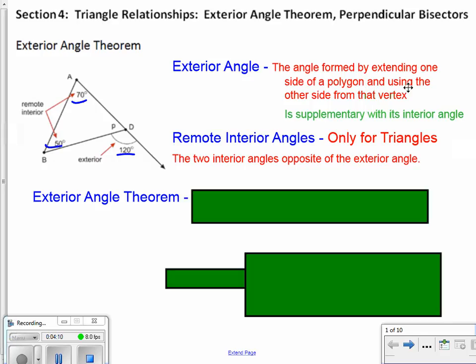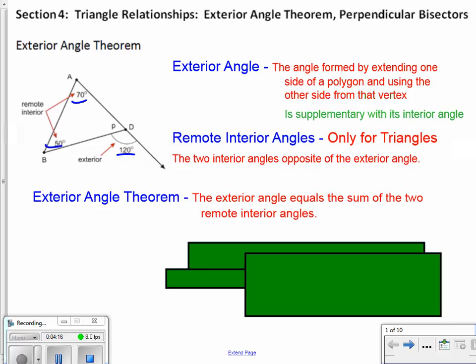Well, as time went along, we found out more and more about triangles, and we found out not only is it bigger than each of those pieces, the exterior angle equals the sum of the two remote interior angles. So we know for sure if this is 120, I can add these two up and they have to equal 120. 50 plus 70 is in fact 120 degrees. So that's our exterior angle theorem.